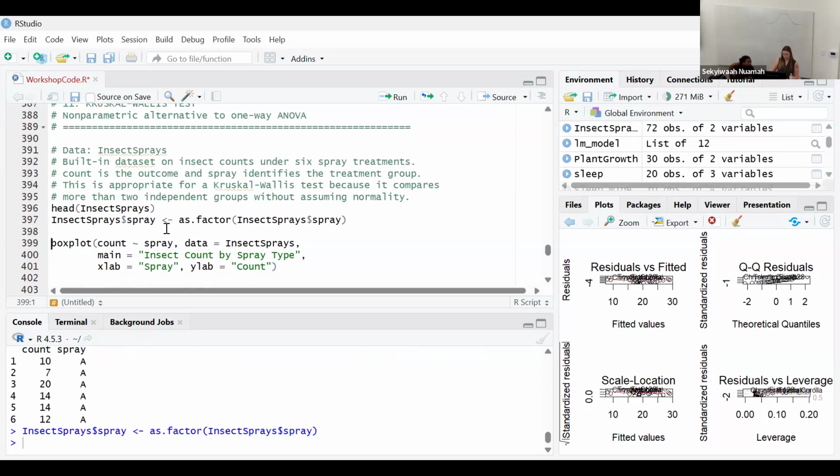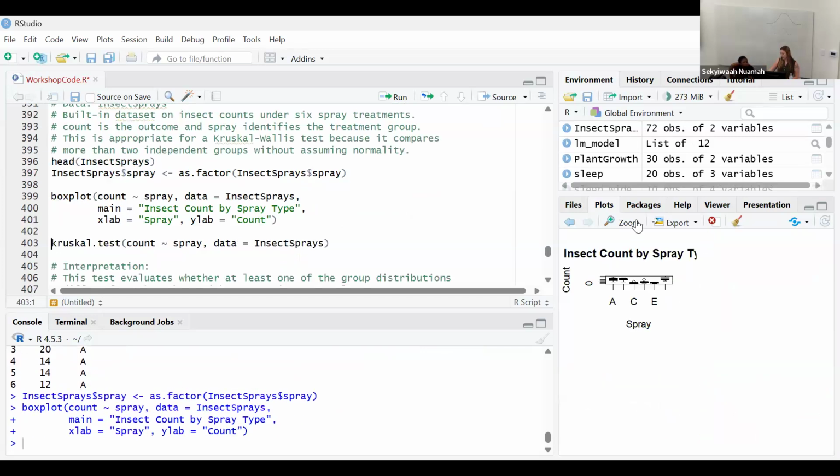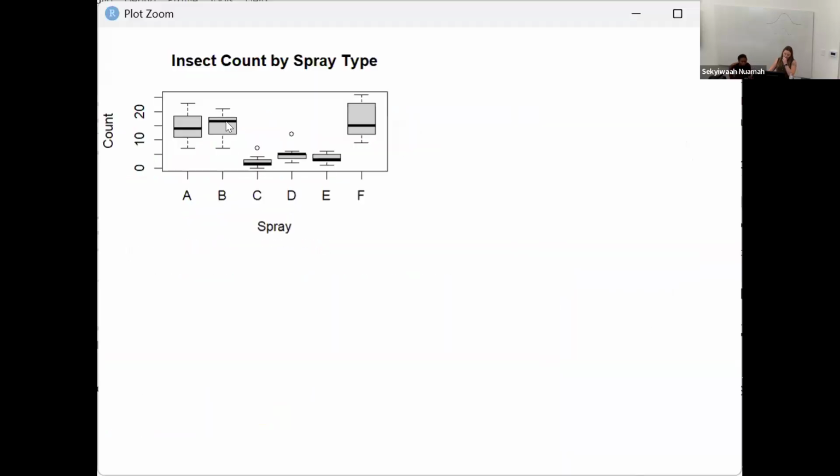So we'll go ahead and make sure R sees that as a categorical variable. We'll do a box plot. You guys probably can't see that. Let me share that again. One second. Okay, so here is our box plot of the insect count by spray type.